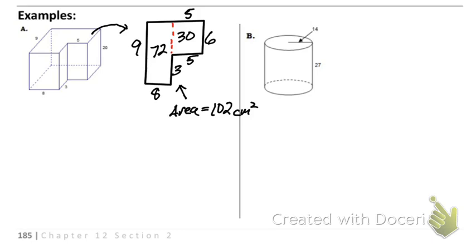Now recall, what we're trying to do is take that base and keep stacking it over and over and over again, and calculating how many times we have to do that. We just have to multiply it by the height.